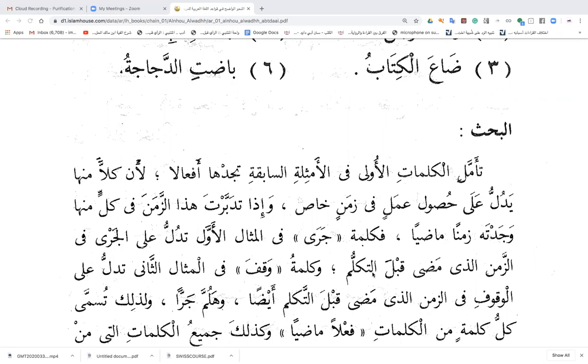So when we talk about tense, what we mean is in relationship to the speaker. So the act that happened before I talked about it is past. The act that happens while I talk about it is hal. The act that happens after I talk about it is mustaqbal, is the future. So he says here in the first example, تدل على الجر في الزمن الذي مضى قبل التكلم.